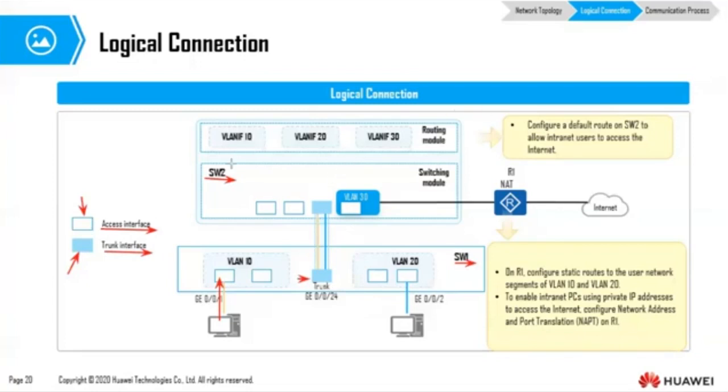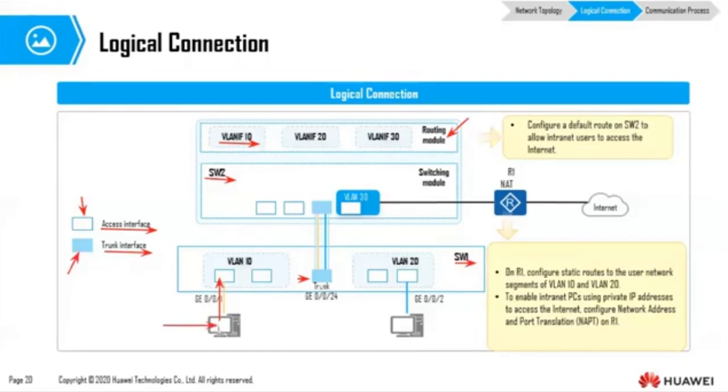Then the switch will have the routing module. On the routing module, we will create VLANIF interface 10, for example, to support PC1. And on this particular interface, we are going to configure an IP address that is going to be used as the gateway address of PC1.